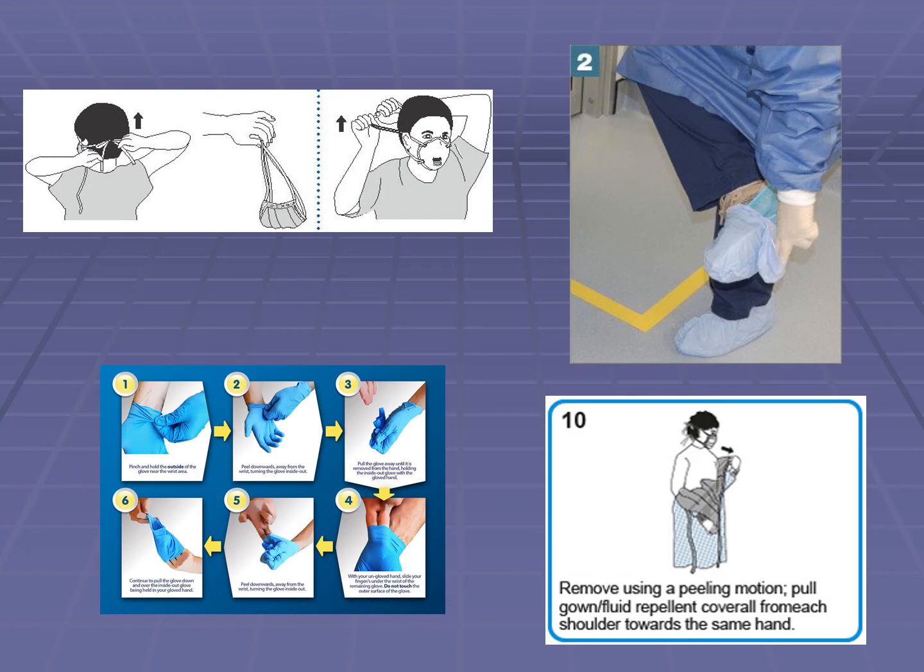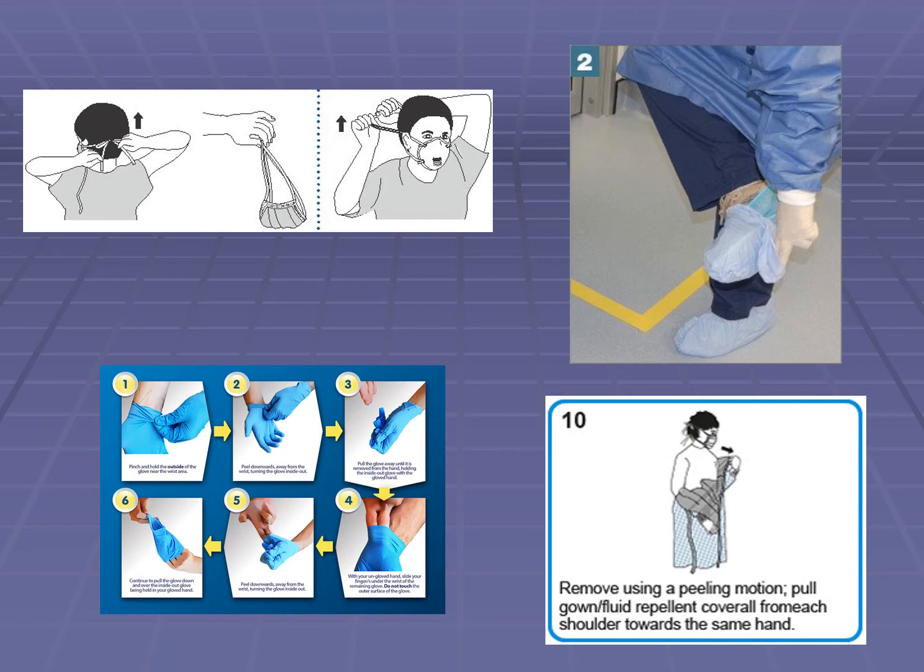When you're removing PPE, the mask should be removed by undoing the top tie, undoing the bottom tie, and then handling the mask by the ties and not the part that was covering your face. When removing shoe covers, we want to turn those inside out as we remove them. For the gloves, it's dirty to dirty and then skin to skin, or dirty to dirty and clean to clean.